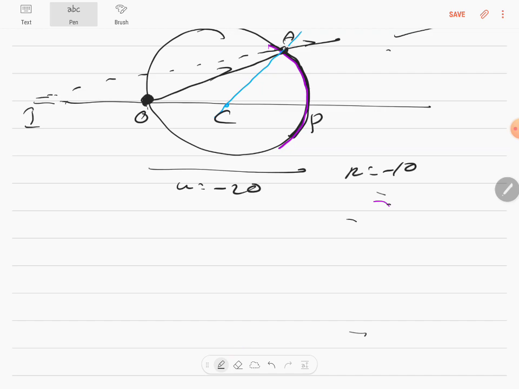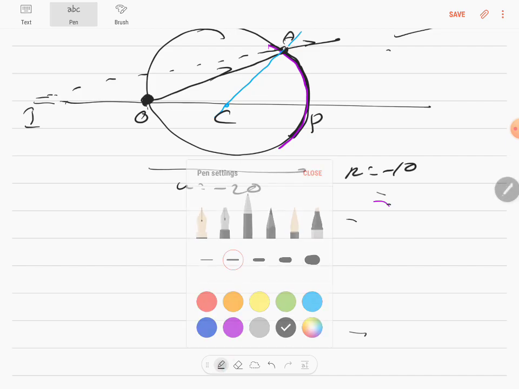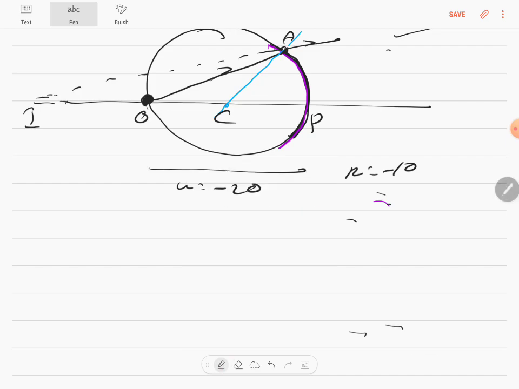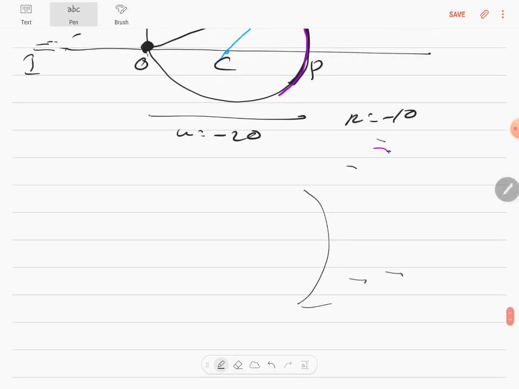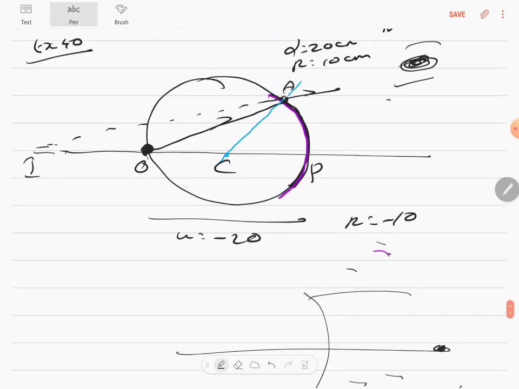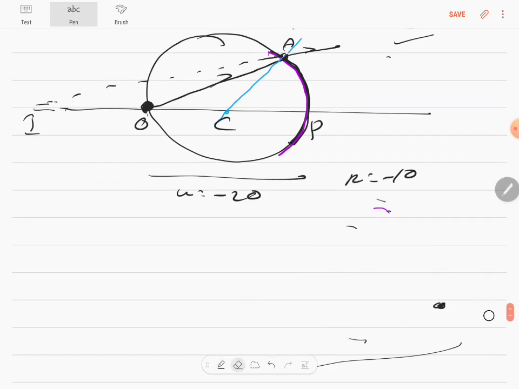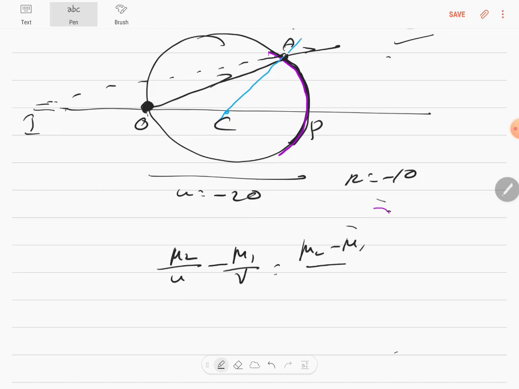Once again, mu1 by v, the second one. Remember we learned this where the object was in the denser medium. This is similar to the object being in the denser medium, so since the object is in the denser medium, you have to take the second one. What is the second formula? It's mu2 by u minus mu1 by v is equal to mu2 minus mu1 by r.